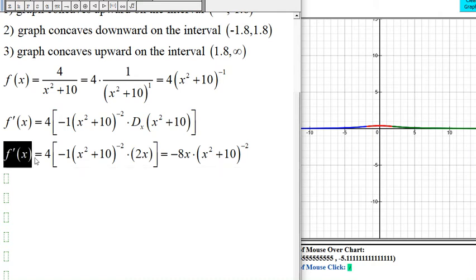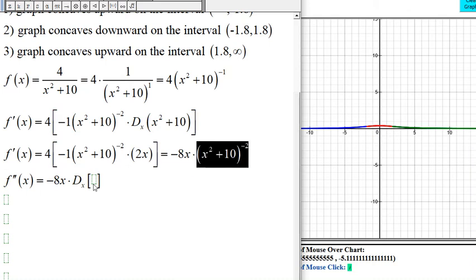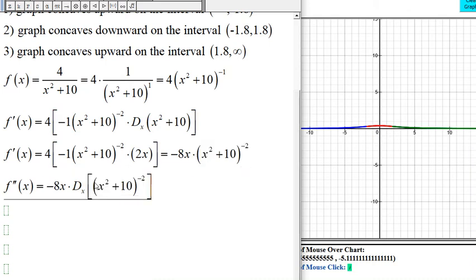Now we need the second derivative. And this is a product, so we have to use the product rule. It would be negative 8x times the derivative of the second factor, plus the second factor times the derivative of the first factor.